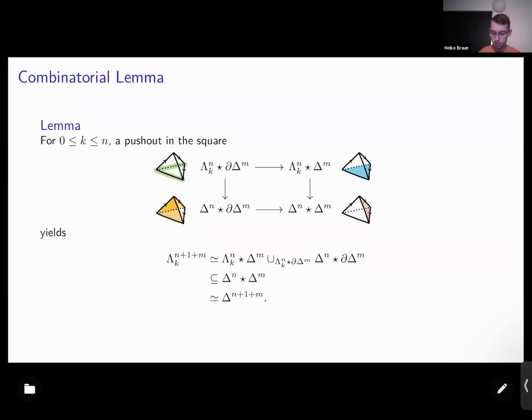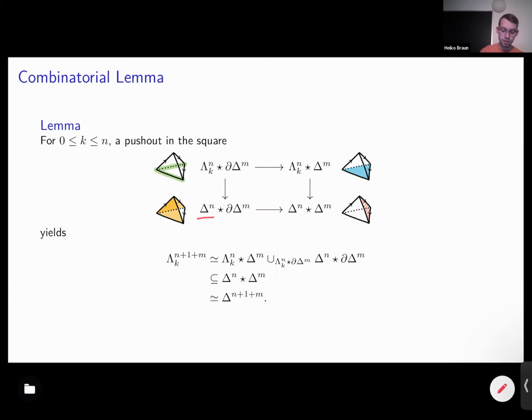We look at a particular pushout. Namely, this join will be a bifunctor. When we join the n-k horn with the boundary of the m-simplex, we can include this into the join on one side each, extending this to either delta m or to delta n here.